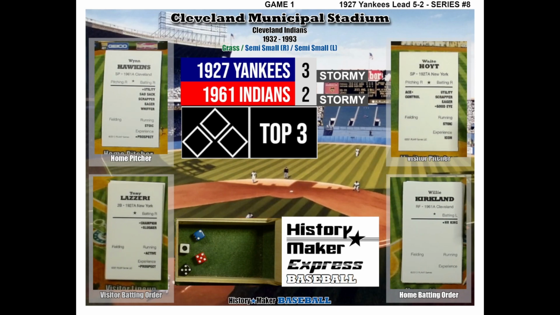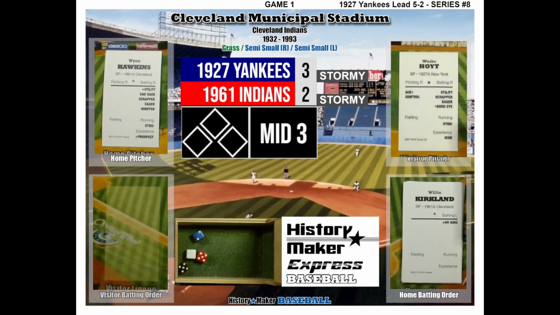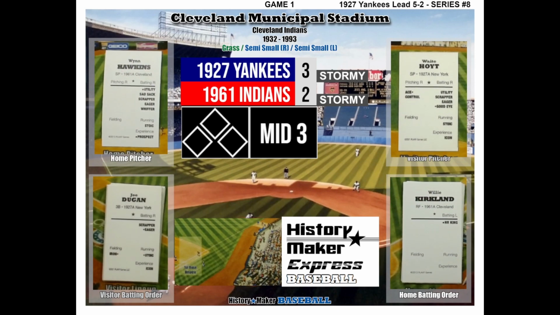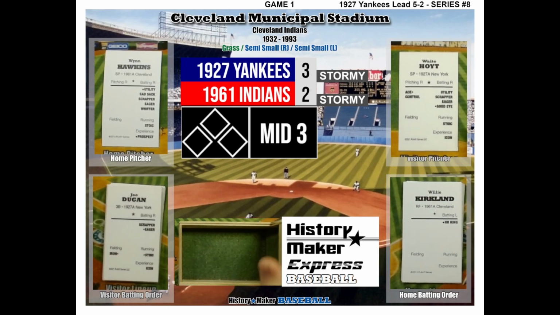He is a semi-prospect. The decider die says he is a prospect, so that's going to be a no runs result of 5 blank to end the top half of the third here at Cleveland Municipal Stadium, with the score still 3-2 in favor of the 1927 Yankees.